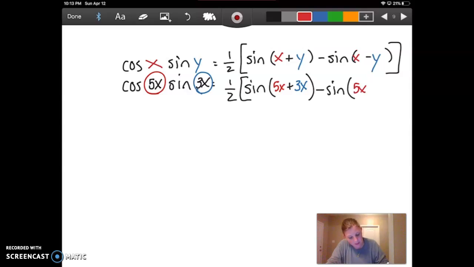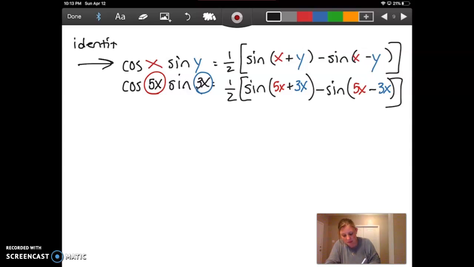Similarly, 5x, then minus 3x, and close that out. So all I've done so far, this is my identity from the foldable, and this is the actual problem that I'm working. I don't know if you guys can tell, my computer's wanting to die right now, so give me just a second. Problem solved.